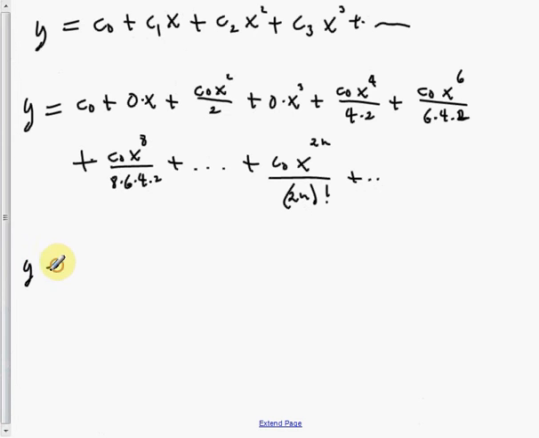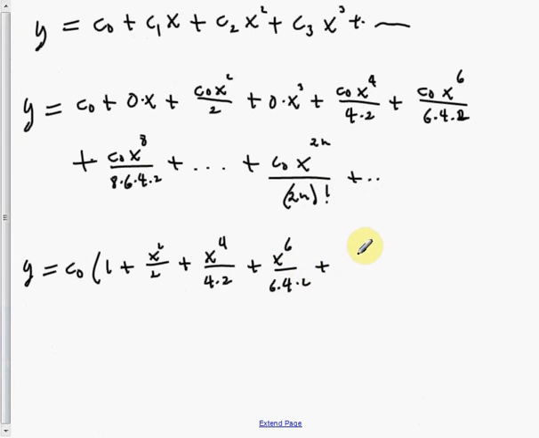And so we have y is equal to c naught times 1 plus x squared over 2 plus x to the 4th over 4 times 2 plus x to the 6th over 6 times 4 times 2 plus x to the 8th over 8 times 6 times 4 times 2 plus and so on.